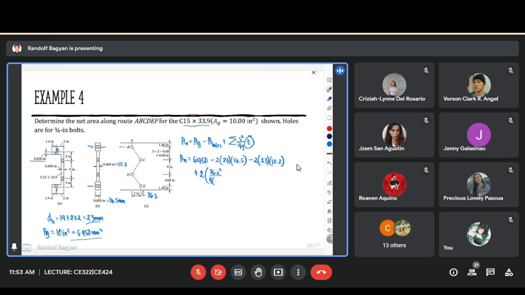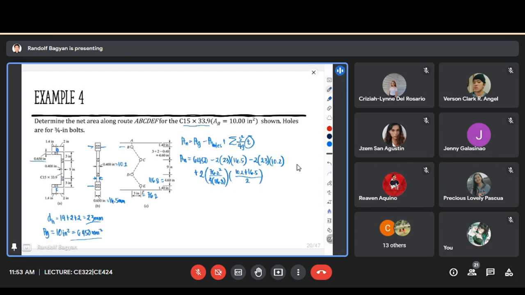That is 4.6 inches, or 4.6 times 25.4, 116.8 square millimeter. Multiplied by the average, because here you have 0.65 and here you have 0.4. So you have to consider the average: 10.2 plus 16.5 divided by 2.